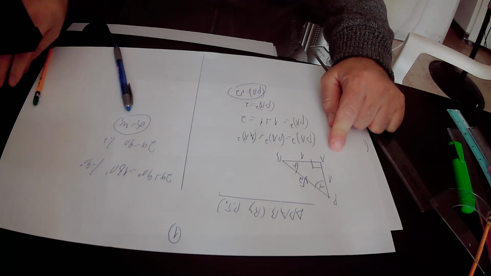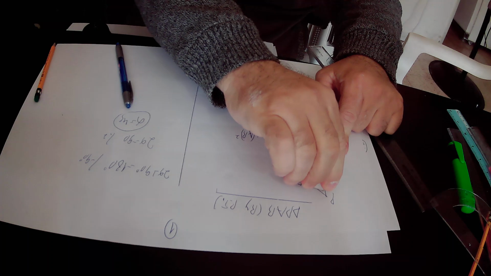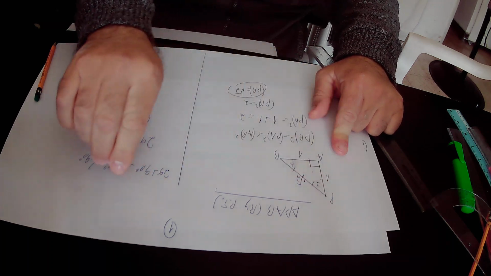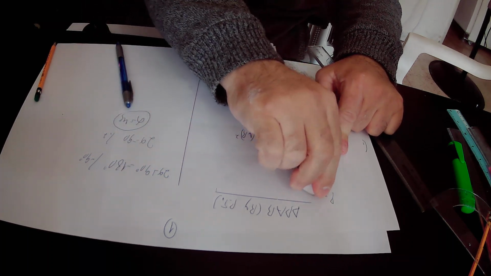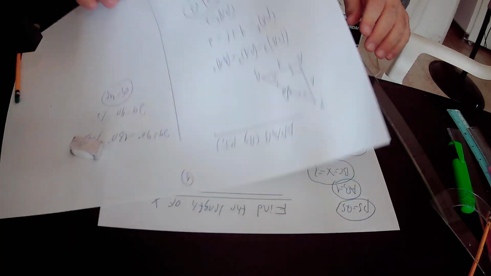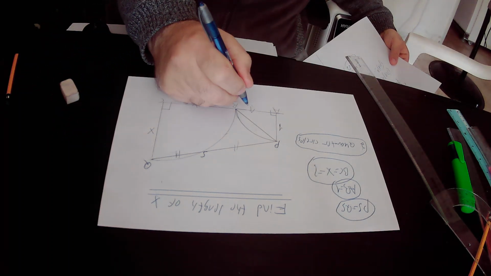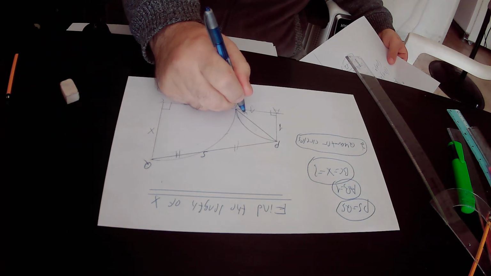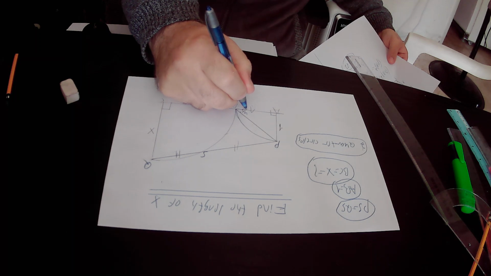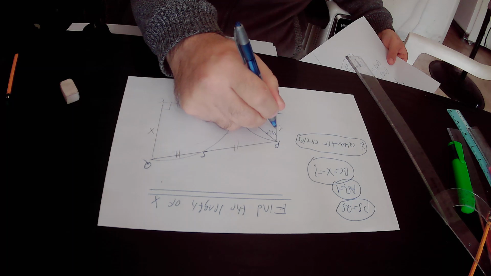So this angle alpha equals 45 degrees. So we can write in the original drawing that this angle alpha equals 45 degrees. This is also angle alpha that is equal to 45 degrees.